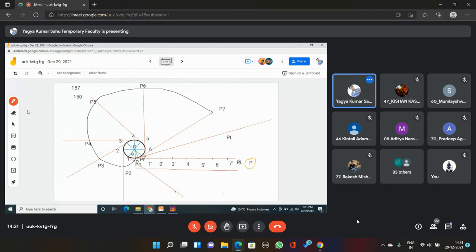So radius equals 150 mm. With center PL, the last point, starting from P7 properly, make an arc up to PL. You'll get the last point of the curve.